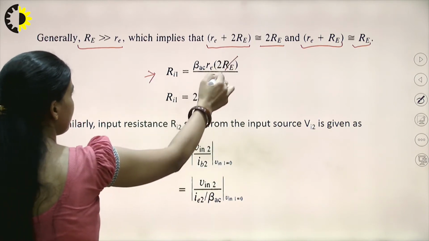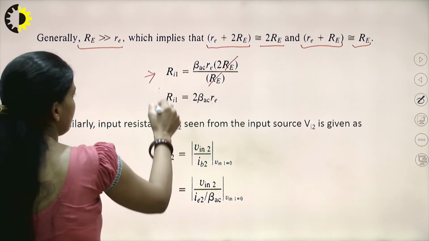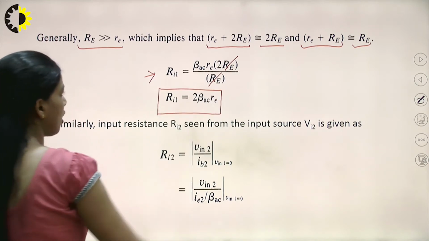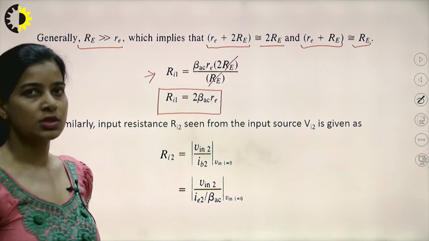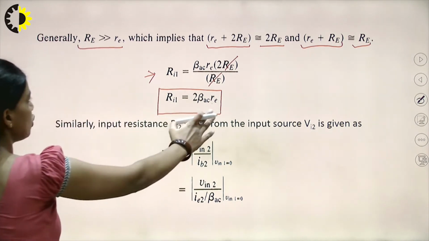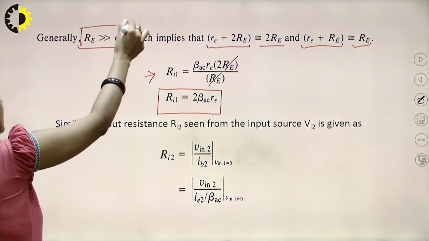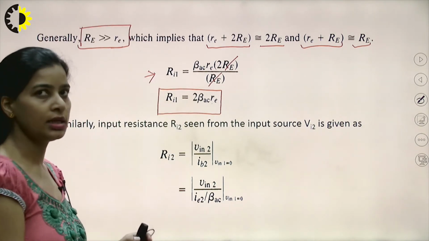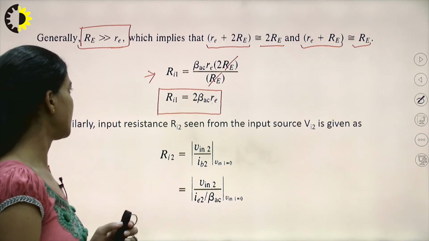The RE gets cancelled out, and the final expression of input resistance 1 is 2 beta re, under the condition that RE is greater than re.